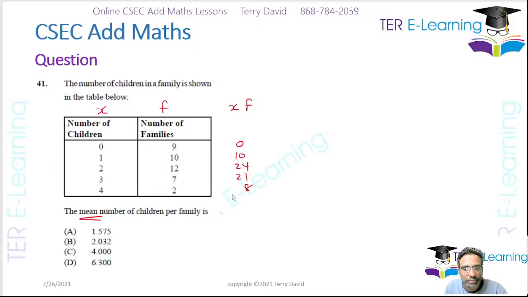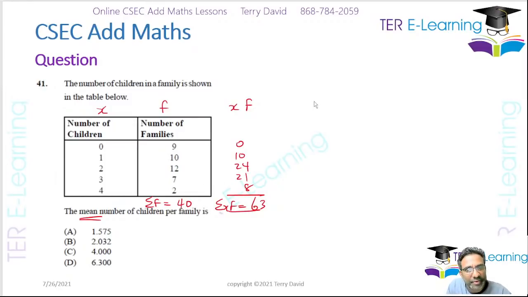So we need to add this up to give me my sigma xf, which is 10 plus 24 plus 21 plus 8. That's going to give me 63. We also need to add up our frequency as well. So we need to find sigma f. So that is 9 plus 10 plus 12 plus 7 plus 2, and that gives me 40.